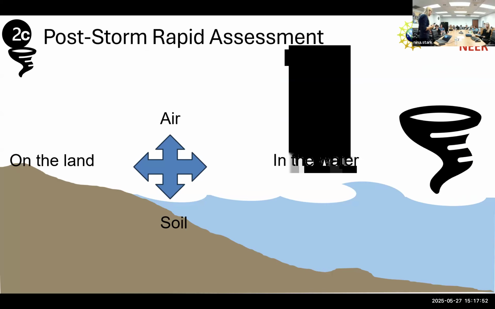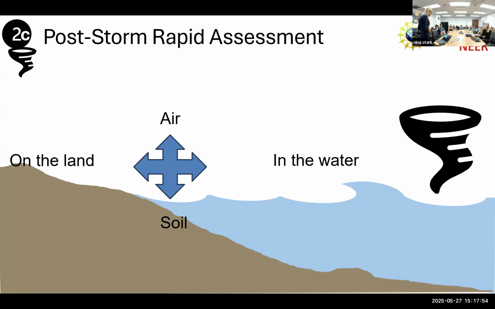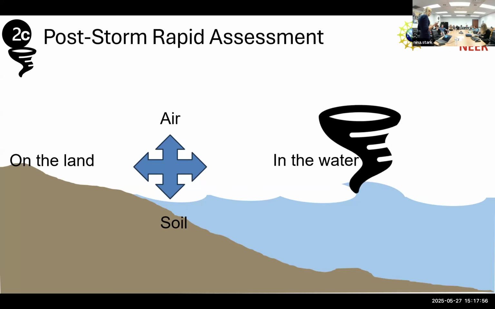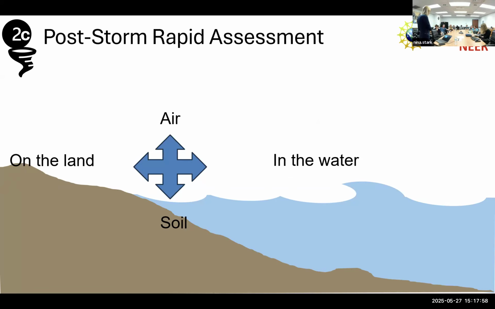During that nearshore data campaign, we worked after Hurricanes Helene and Milton. When a hurricane passes over this area, it impacts the water and the soil, or the land. So you need a seamless picture from the water to the land.